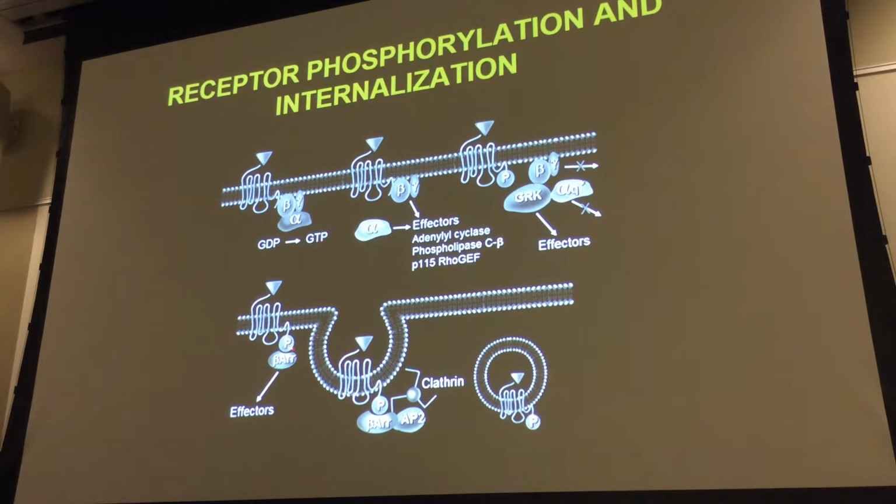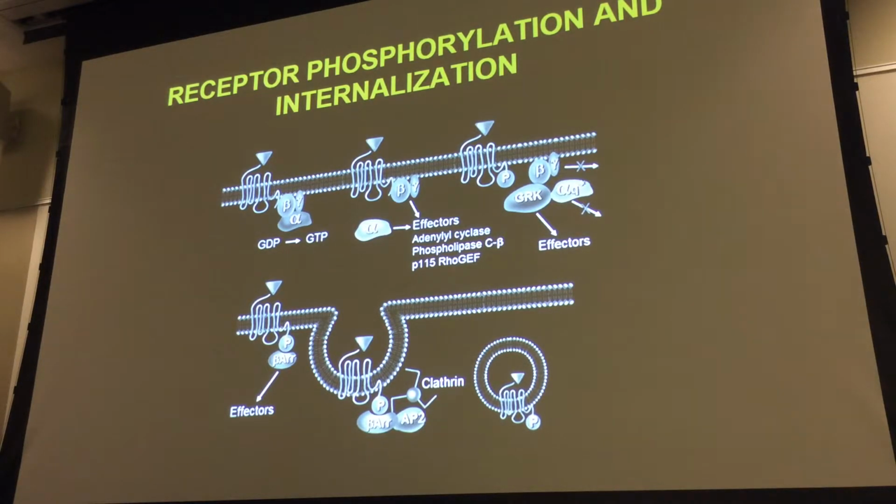Now remember, beta-arrestin cannot bind to the dephosphorylated receptor, all right? So the receptor has to be phosphorylated in order for beta-arrestin binding to occur. But once beta-arrestin binding occurs, then this complex of the receptor and beta-arrestin can then interact with the internal membrane and form what's called a clathrin-coated pit, all right?